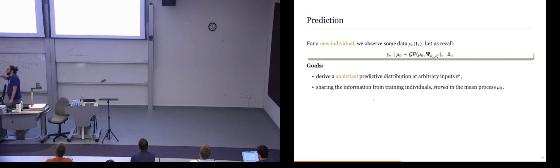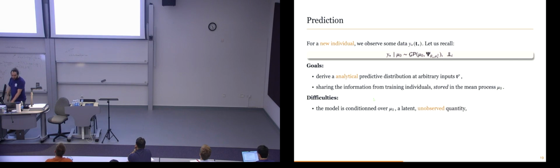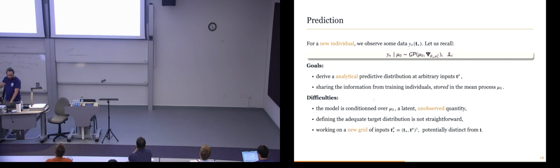And we want to share information through the different tasks or different individuals. And that information is stored in the mean process. But now we don't have a mechanism to share this information with the new guy or new girl. And the problem is, I told you, we are conditioned over mu0, and you don't know how to incorporate that.